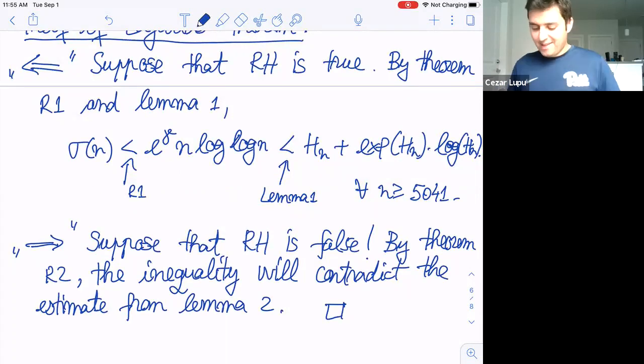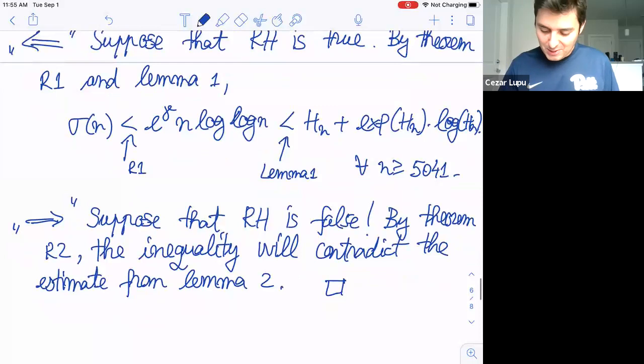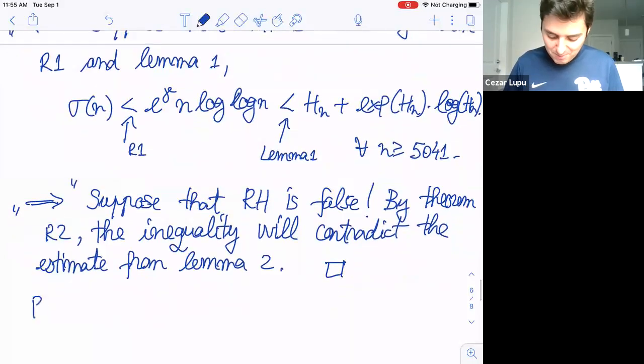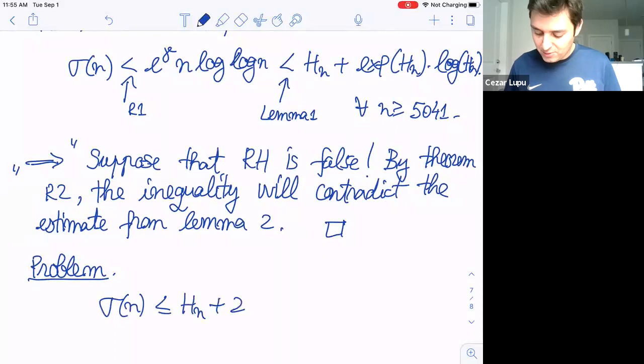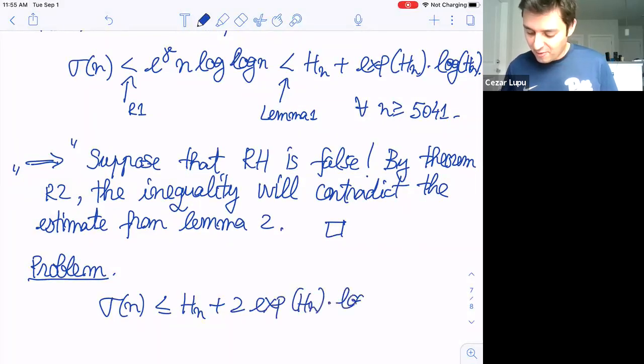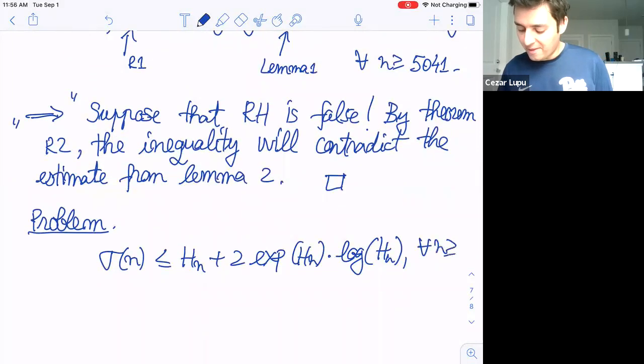In fact, I would like to take one more minute to tell you there was a problem. You can prove that sigma of n is less or equal than hn plus 2 times the exponential of hn times log n for all n greater or equal than 1.